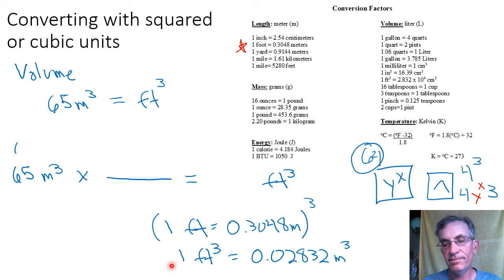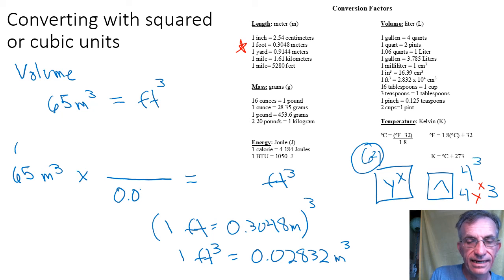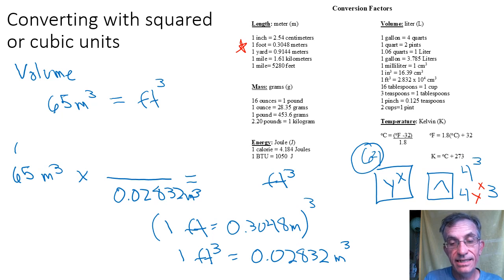What number goes on the bottom? 1 or this? Okay, it should be 0.0283. Oh, why? Because we need meters to cancel. That's why. Meters is now going to cancel. We put the 1 cubic foot on top.